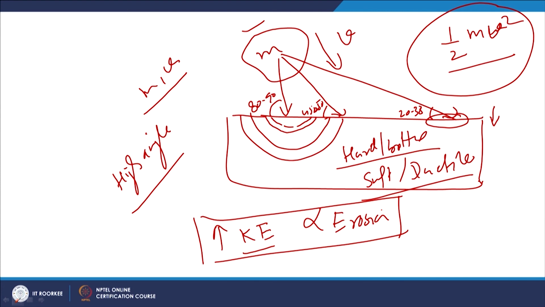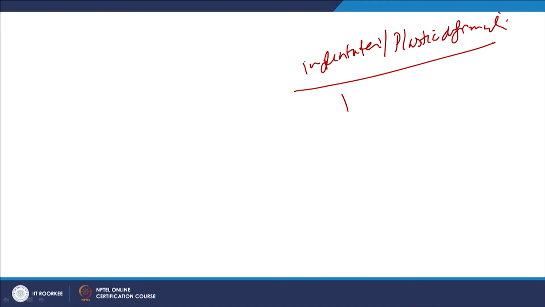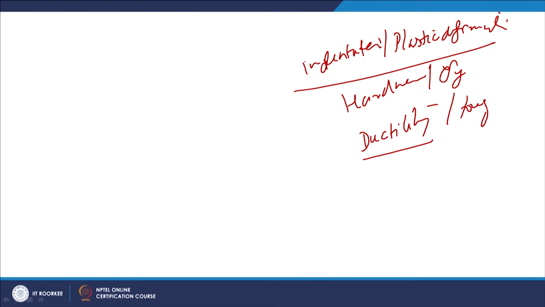Now, as far as the different factors that affect erosion are concerned, apart from the indentation and surface layer plastic deformation, which will be governed by the hardness and yield strength of the material, the other factors that determine material loss by erosion are also ductility, toughness, fatigue resistance, and work hardening tendency.